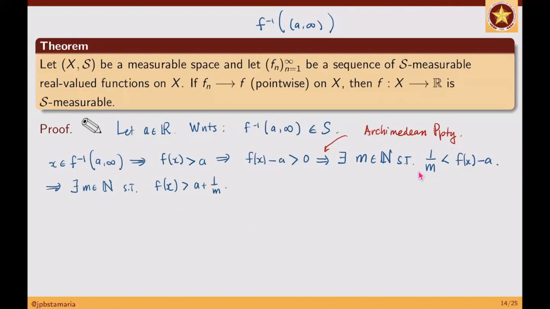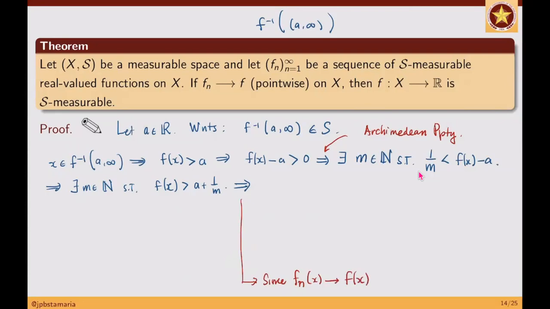Since, let me explain here, I want to write a comment here. Since fn of x converges to f of x.